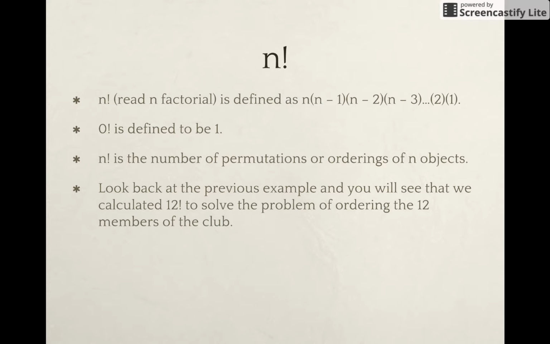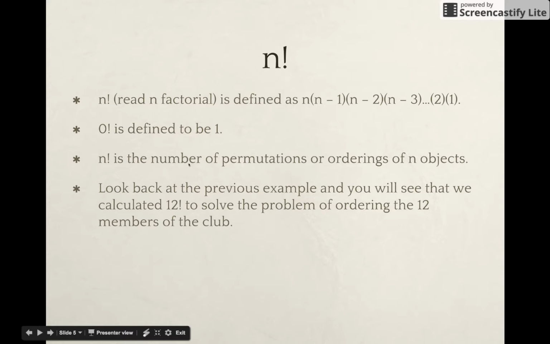That calculation we did, multiplying 12 all the way down to 1, is known as 12 factorial, or in general, n factorial for any given number. N factorial is defined to be n times n minus 1 times n minus 2 times n minus 3, and so on, all the way until we get down to multiplying by 1. When we do factorials, 0 factorial is defined to be 1.